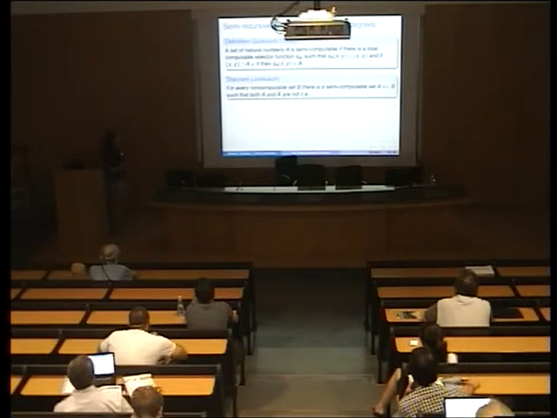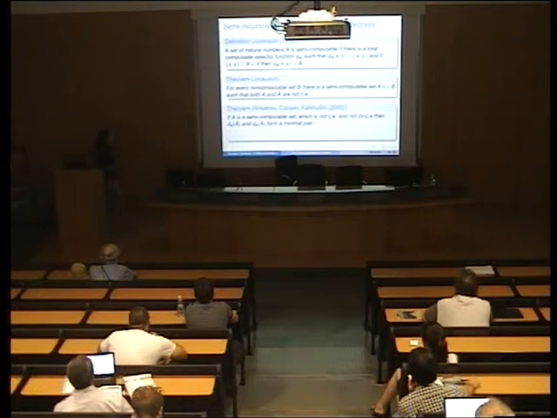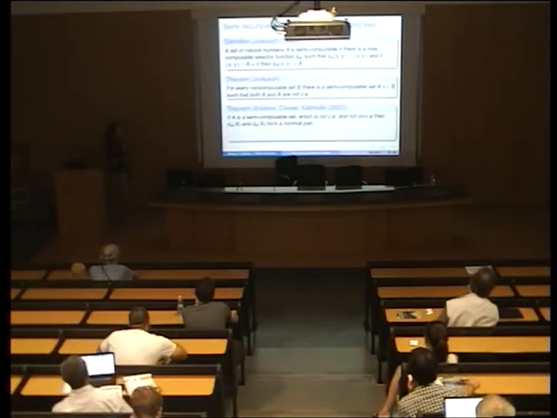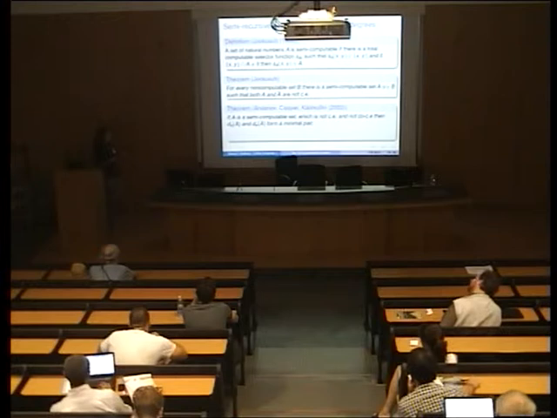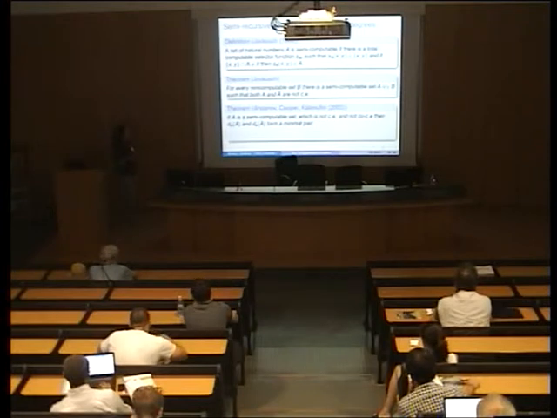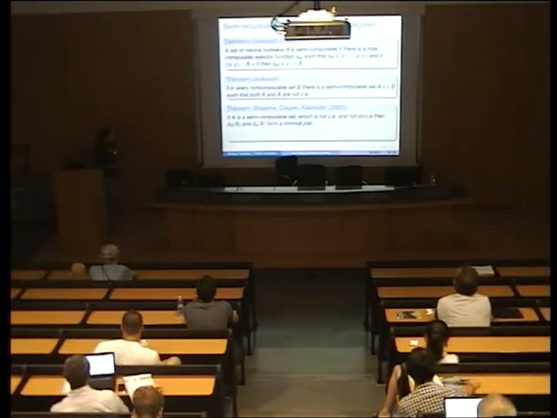But in the enumeration degrees, it turns out that they have a very special, very important algebraic property. Arslanov, Cooper, and Kalimullin showed that if A is a semi-computable set which is not c.e. and not co-c.e., so the complement is not c.e., then the degree of A and the degree of the complement of A form a minimal pair. And in fact, they form a minimal pair in a very strong sense.